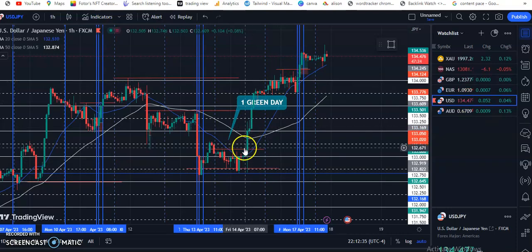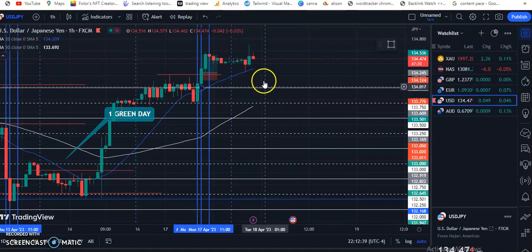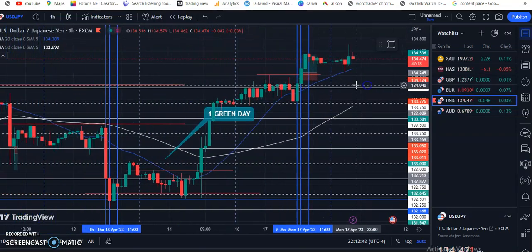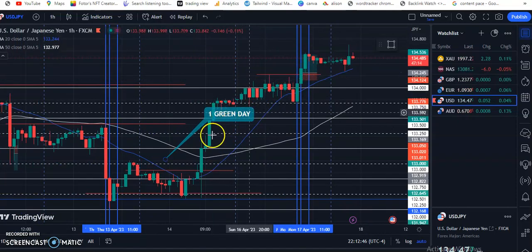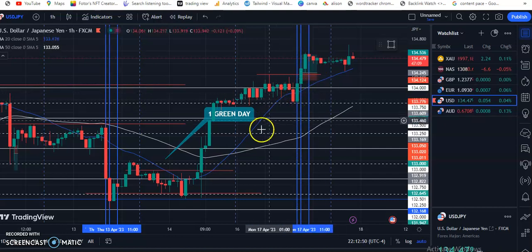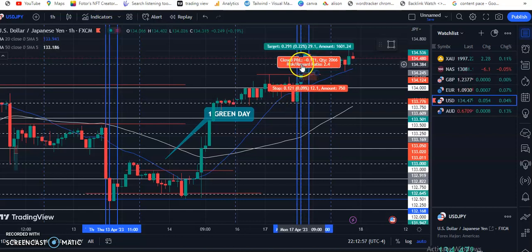So yesterday, when I was looking at this market, I knew we had already consolidated, but then the market comes down to stop hunt the low, then breaks above the high of the day, retests, and then continues.